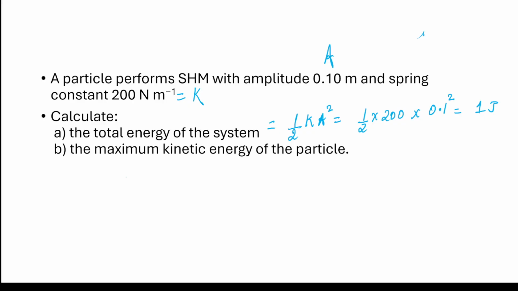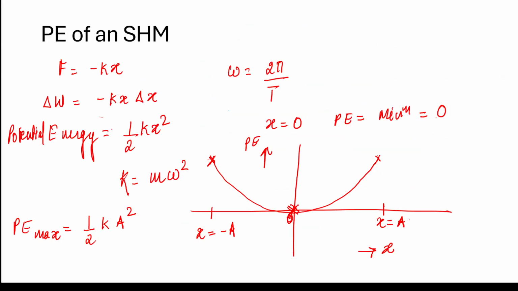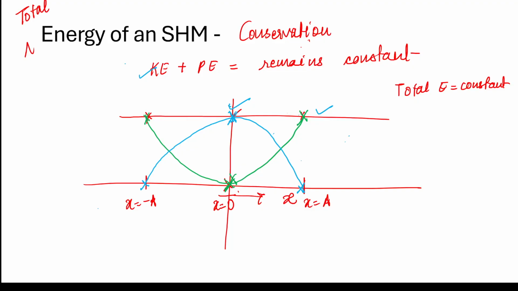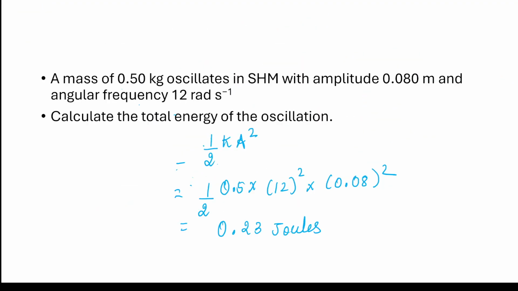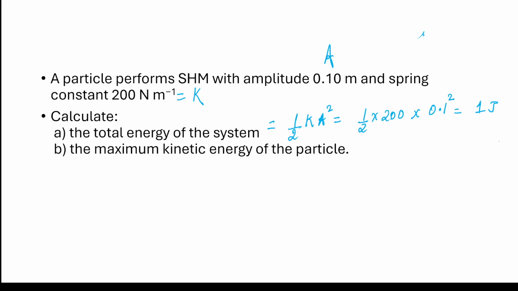The maximum kinetic energy of the particle will be the same as the total energy. So always remember this graph: the maximum PE, the blue part is the KE, the green part is the PE. So the maximum values of both KE and PE will always be the same. So that would be the same, 1 joule.